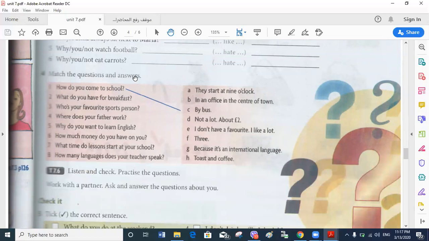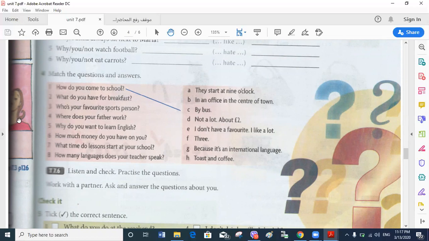Match the questions and answers. Now, if you know the meaning of the question word, you can match the answer from the next column. For example, how do you come to school? How? Asking about the way that you use to come to school. So I come to school by bus.